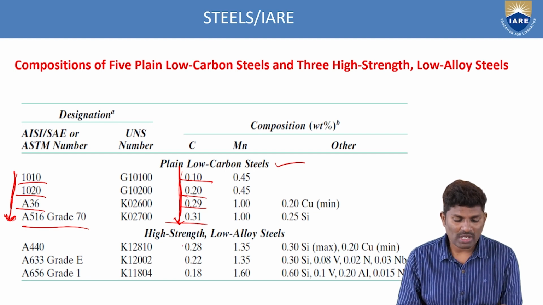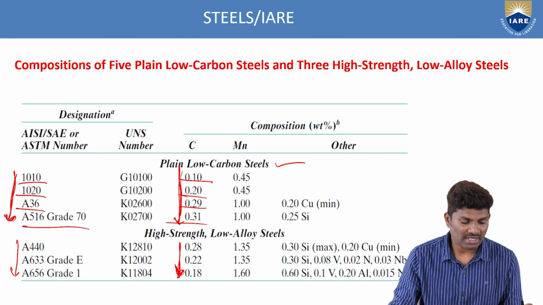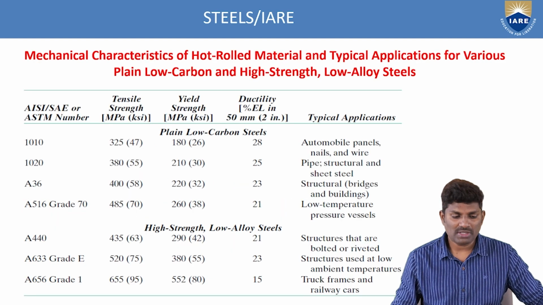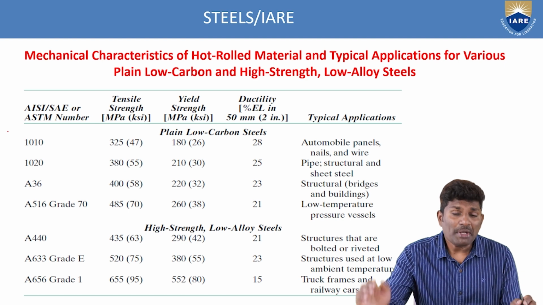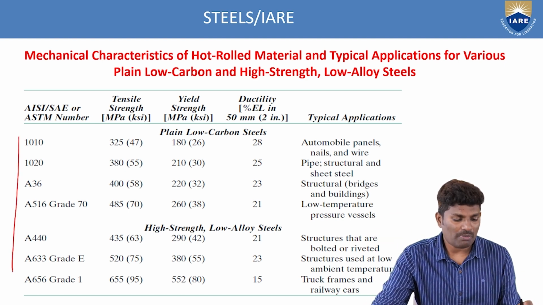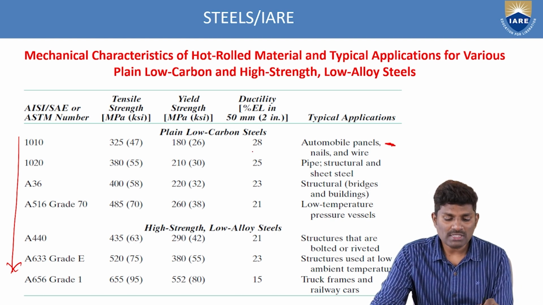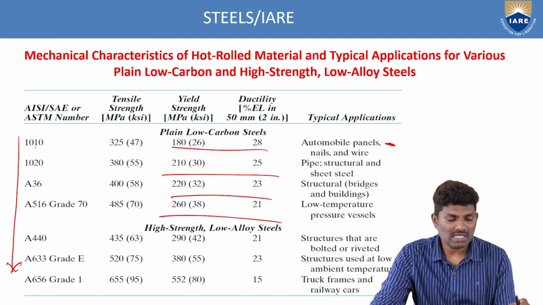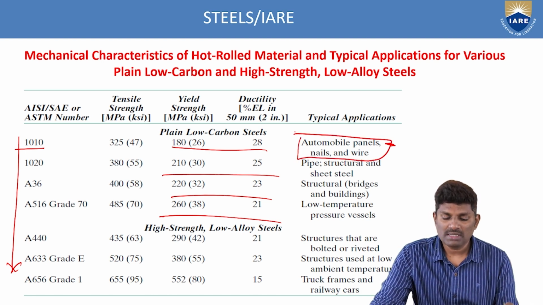Similarly, in high strength low alloys there is some increase in the carbon content. So 0.28, 0.22, 1.8, these are some of the grades we can see here, and depending upon this we can also alter the application. So that is about the composition weight percentage. As I told, depending upon those compositions we are classifying these, and based upon these classifications we have the typical applications, because of the mechanical properties we have. Suppose I see this 1010 type of steel, it can be used in automobile panels, nails and wires.